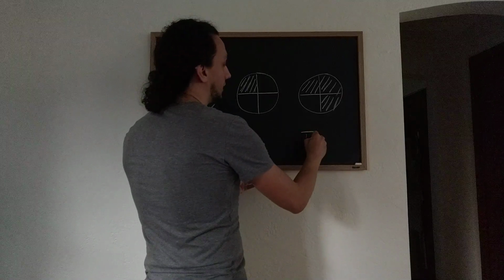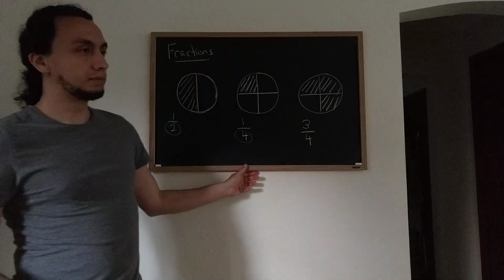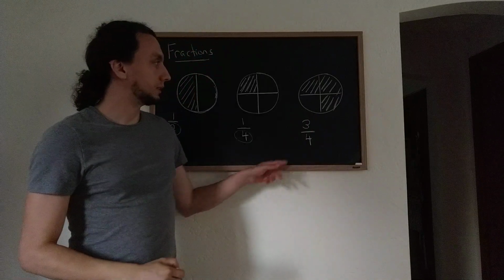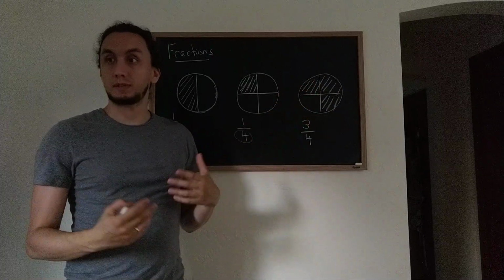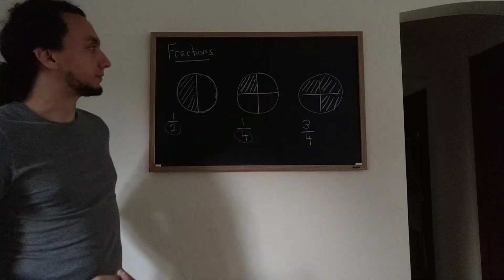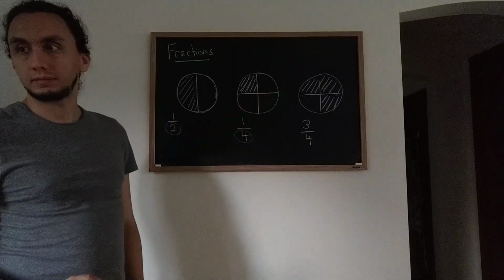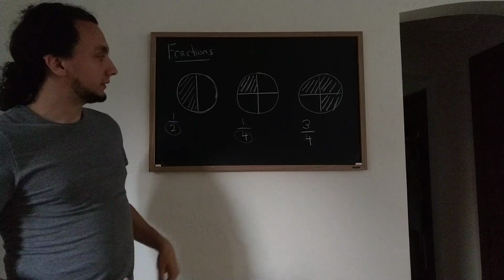Because you're counting them in quarters and it gets all the way up to 3 and 1 is not. So it's still quarters because it's still divided into 4 pieces. Now there's 3 colored in. So exactly. So the one on top is only 1 less than 4.